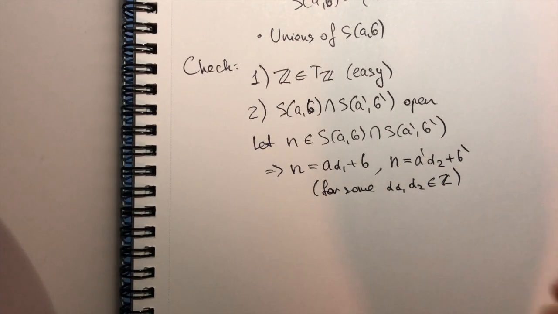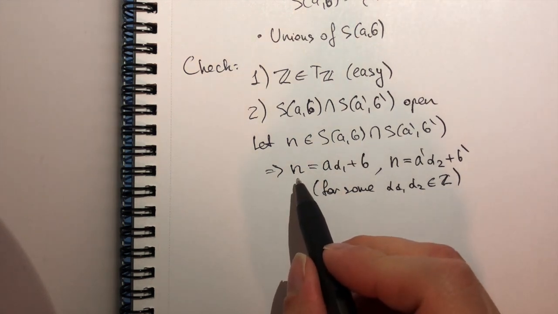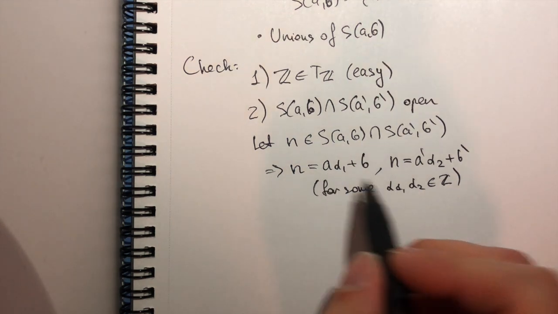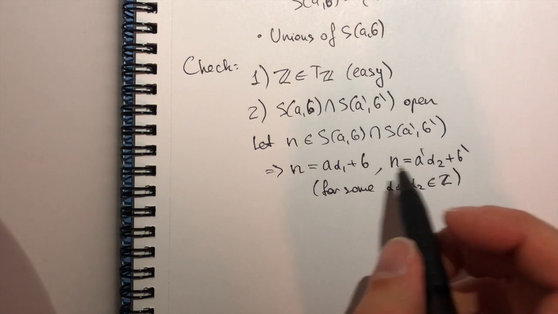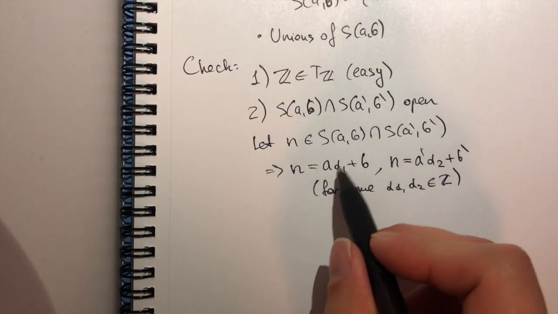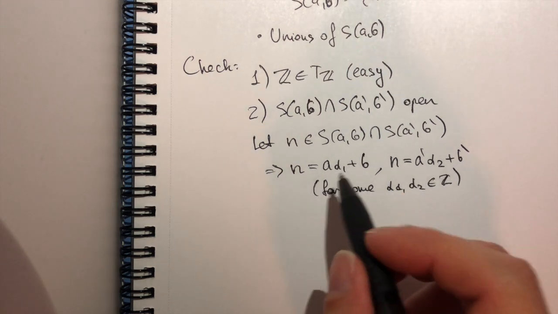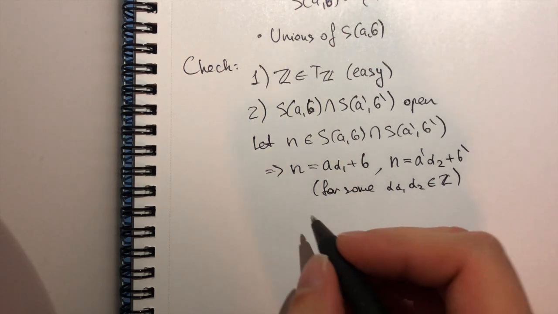Now, nothing forbids us from dividing n by a times a prime, right? We just divide it and see whether there is any whole part of a and a prime inside, and we just take out the remainder.